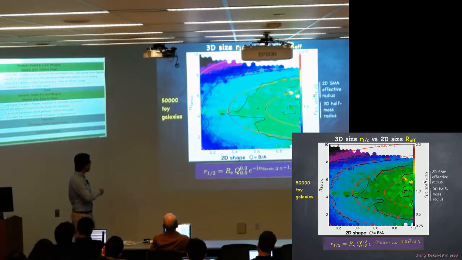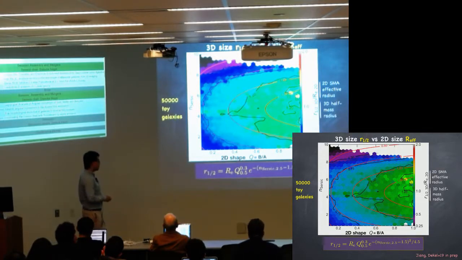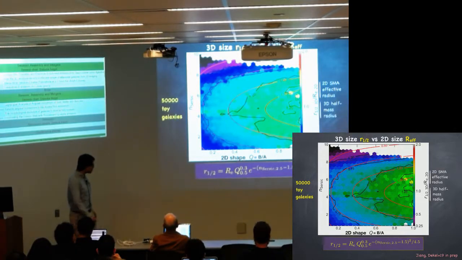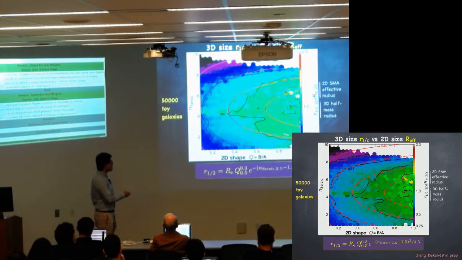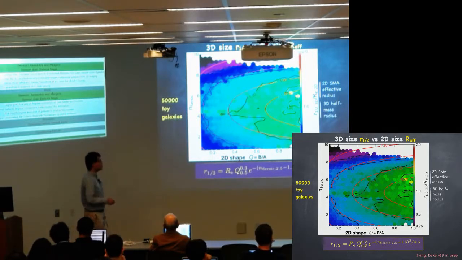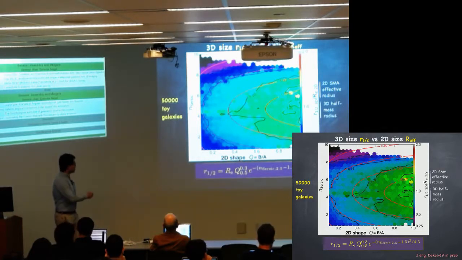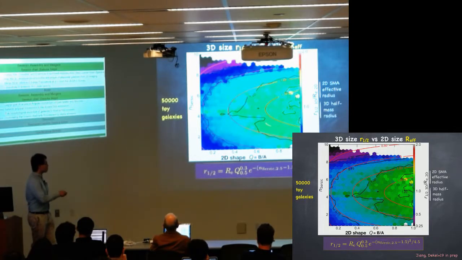So here is a plot based on 50,000 toy galaxies. I'm showing you the Sersic index versus the apparent 2D shape. The color is the average 3D half-mass radius in units of the 2D semi-major axis effective radius. You can see this trend with Sersic index and with 2D shape, and this empirical correction corresponds to the red contours.